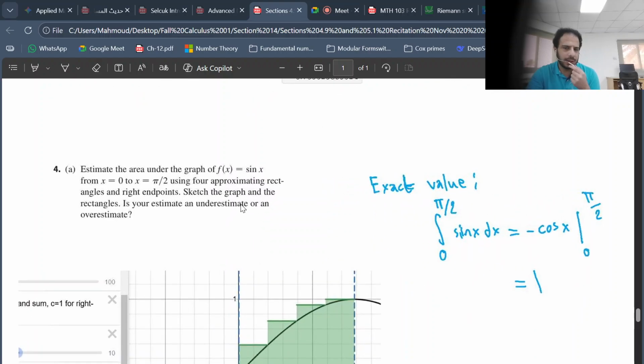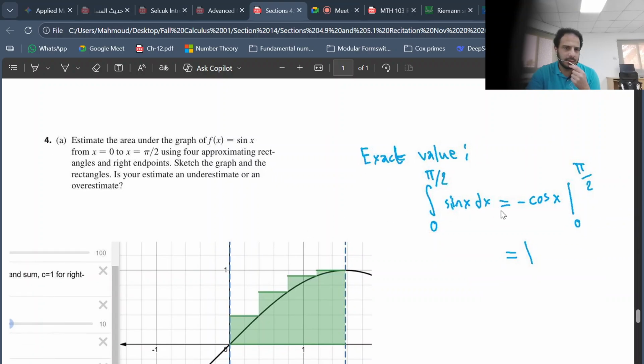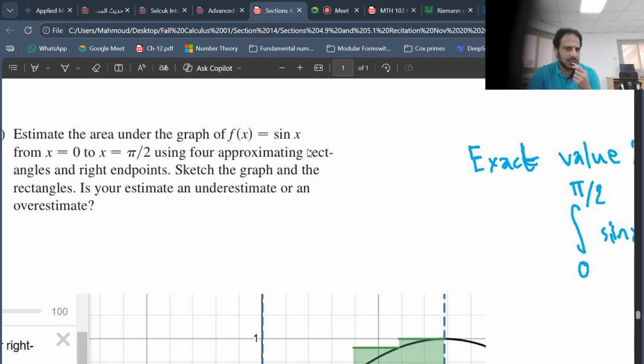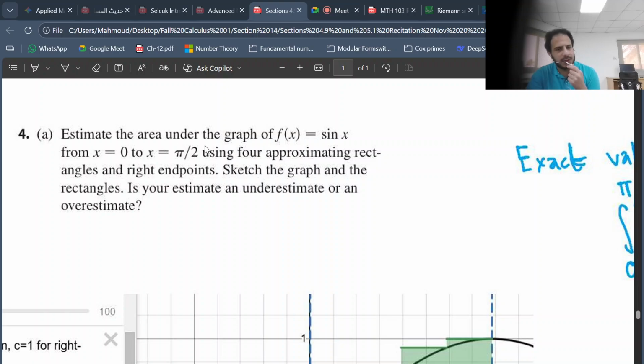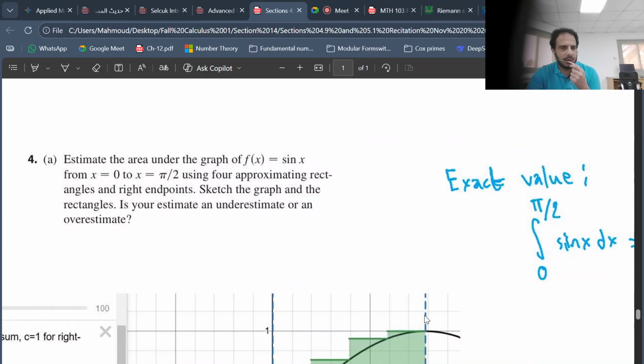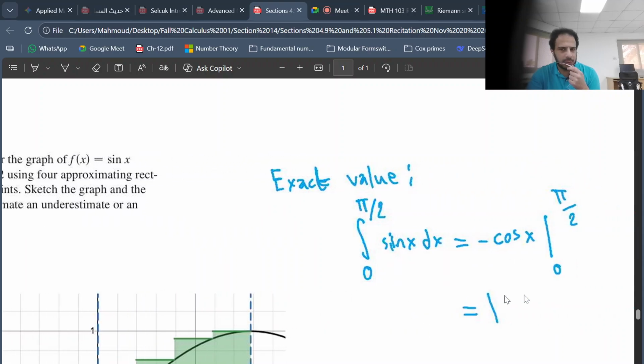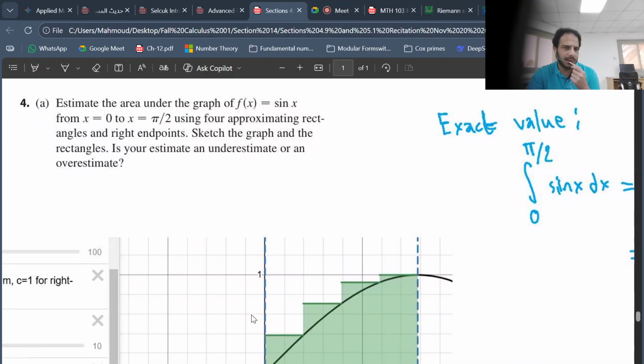Here you have another example. f(x) equals sine x from x equals 0 to x equals pi over 2, using 4 approximating rectangles and right endpoints. If you calculate the exact value, you will get 1. Okay? But now let's use approximating rectangles.